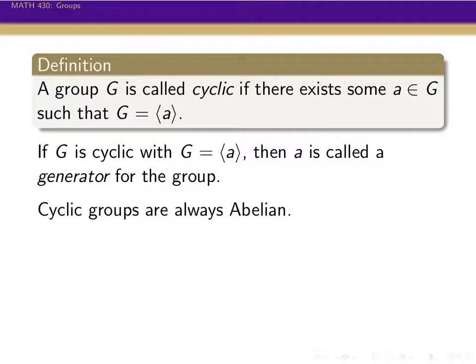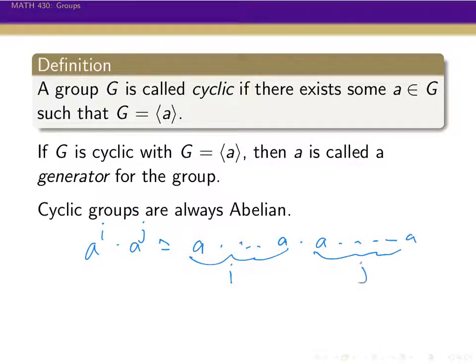And so what this means is that cyclic groups are always abelian, right? If you're doing A to the I applied to A to the J, at the end of the day, what this is really talking about is I A's then applied to J A's.